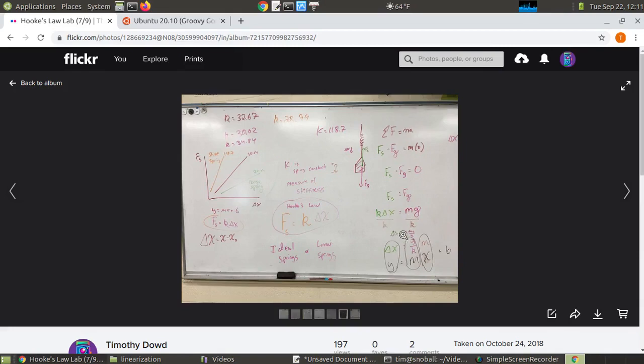So if we rearrange this equation so that it fits next to y equals mx plus b, this tells us that a graph of mass on the x-axis versus delta x on the y-axis should help us get a linear graph, and the slope of that graph depends on both the gravitational constant and the spring constant. So if we were trying to find either of them, we could get the slope of that line, set the slope equal to this, and solve.